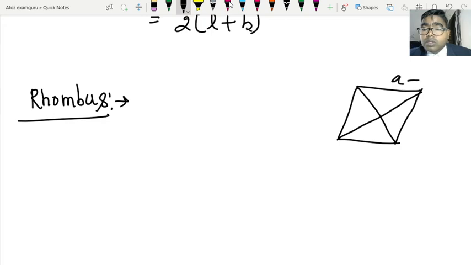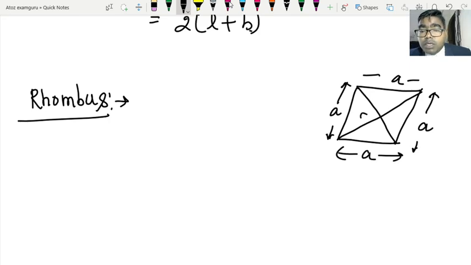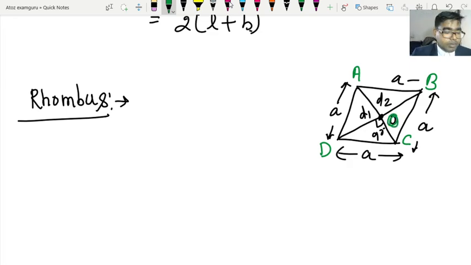All sides are equal in a rhombus. The diagonals are unequal, and they intersect at right angles, right friends? Simply name the vertices A, B, C and D, and the intersection point is O, right friends?